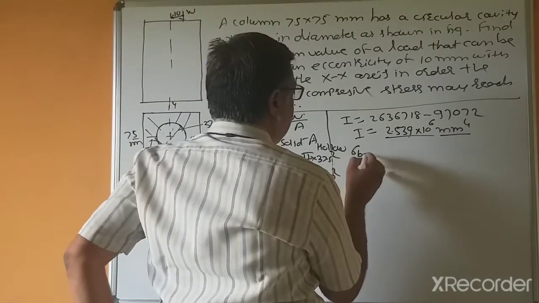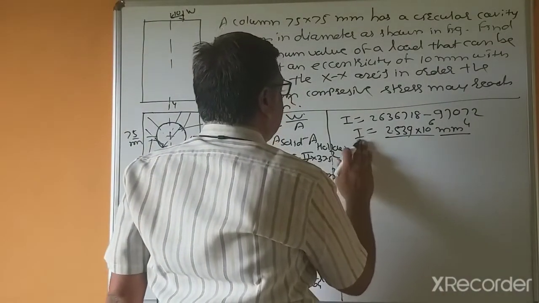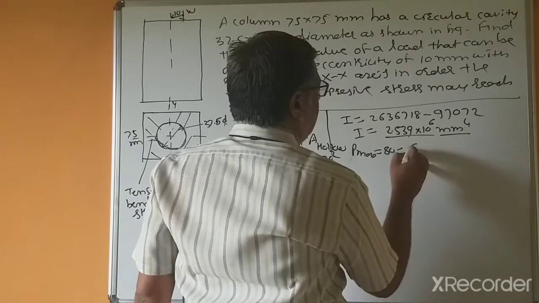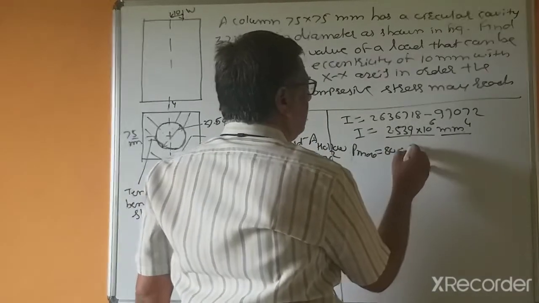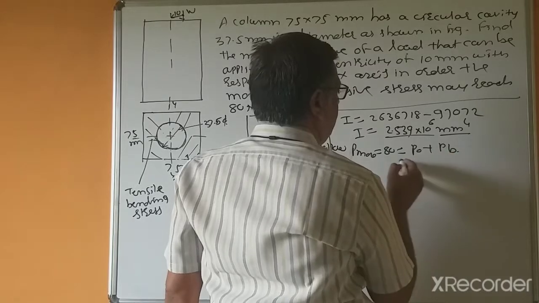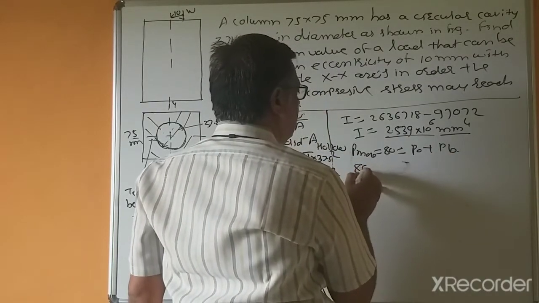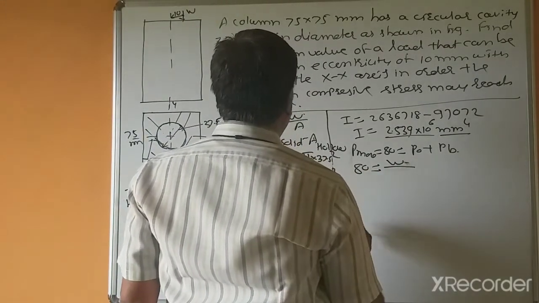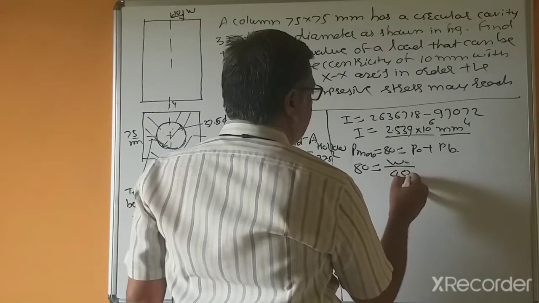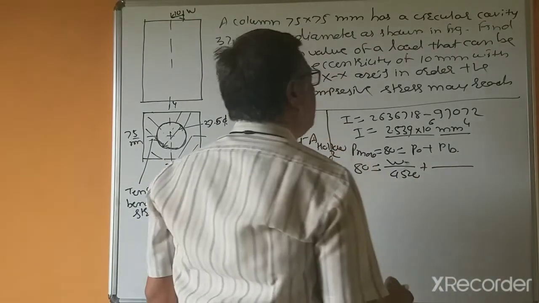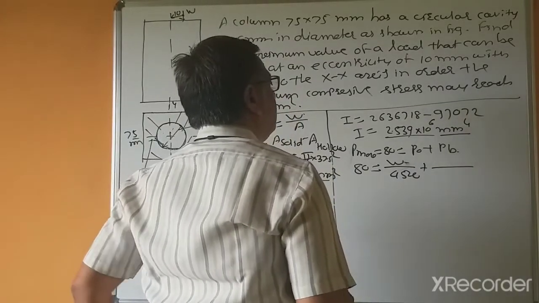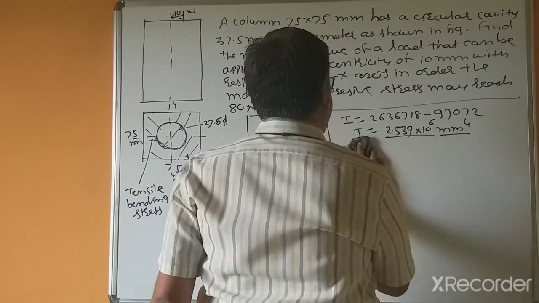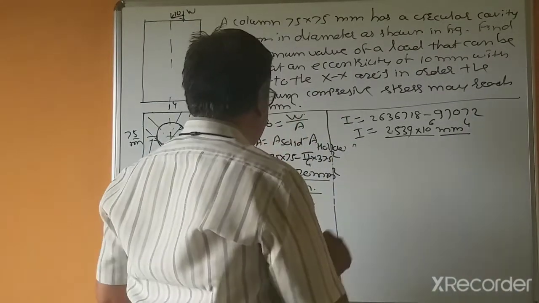Now the compressive sigma max equals direct stress plus sigma b. Direct stress W divided by area equals W by 4520 plus, again we have to calculate the section modulus.